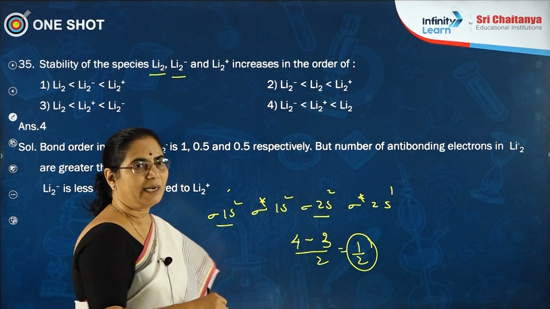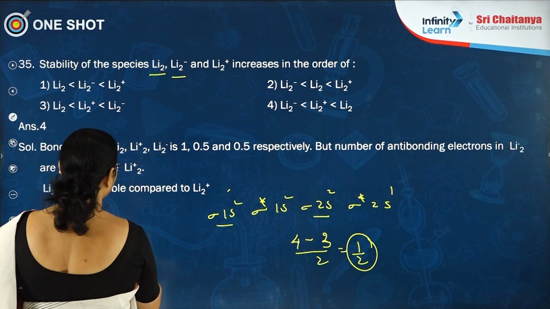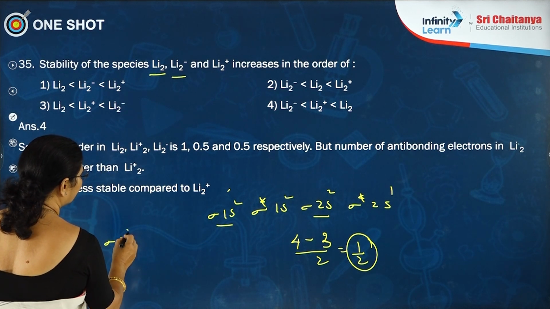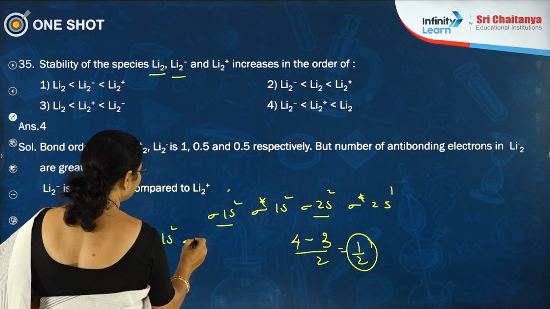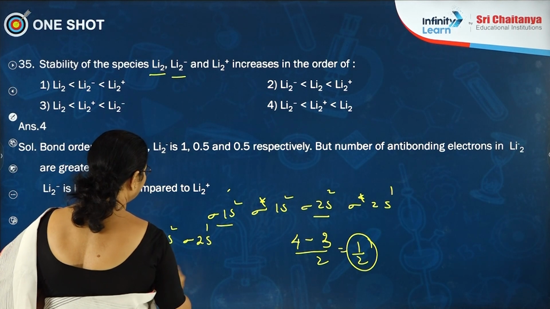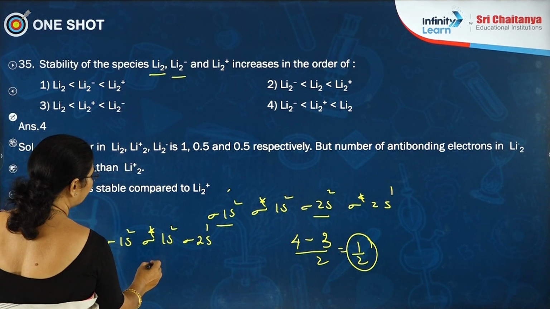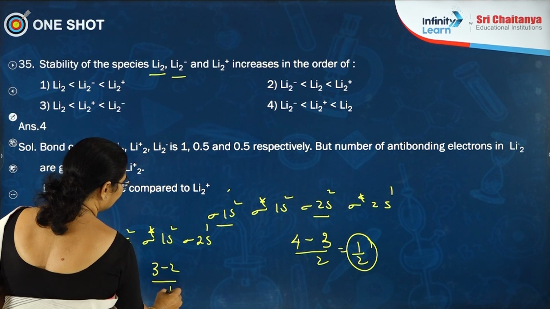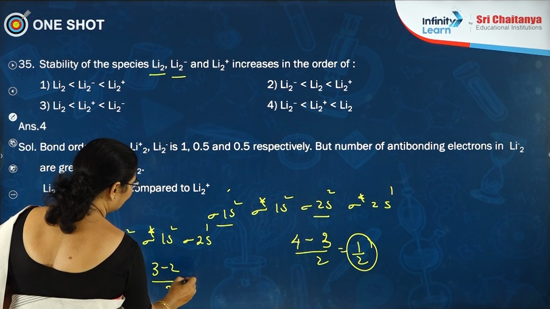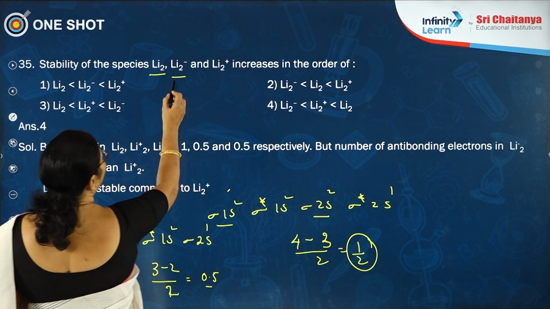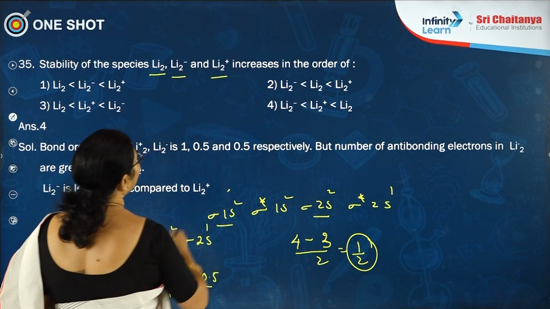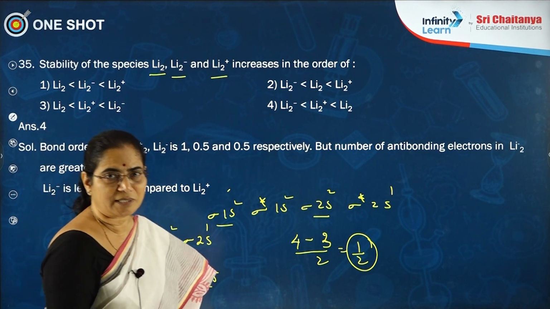Li2 plus is nothing but 5 electrons: sigma 1s2, sigma star 1s2, sigma 2s1. Now, if you take 5 electrons, 3 minus 2, by 2, that is 1 by 2, 0.5. So, for Li2 minus and Li2 plus bond orders are expected to be same.